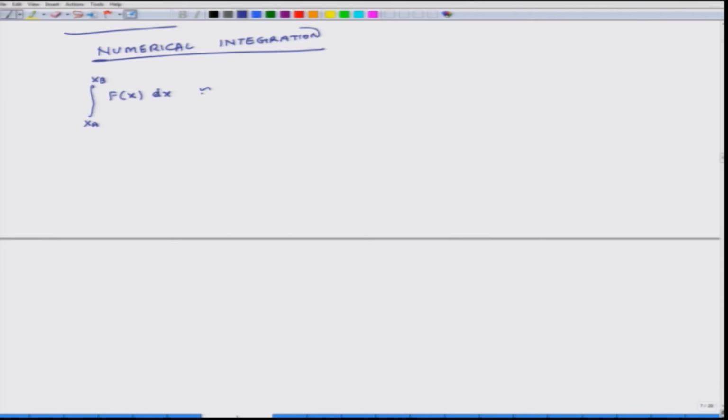So, we say, okay, if we get an approximate integral, we will be happy. So we integrate it between the limits xa to xb, and because it is approximate, we choose a slightly different function p(x). What does this mean?